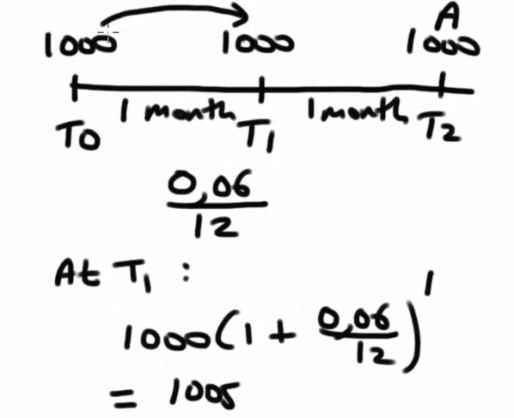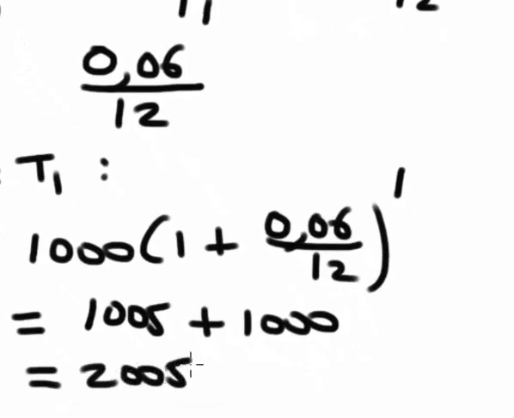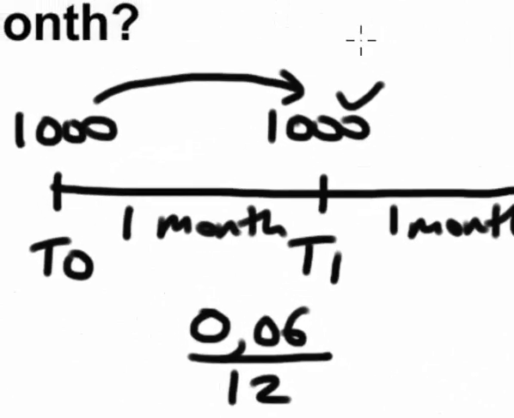So at this stage, that 1,000 rand's grown. It's gained some interest. But then we're adding in this 1,000 rand here, which means that we've now got 2,005 rand. We grew this in and then added in that 1,000 there.